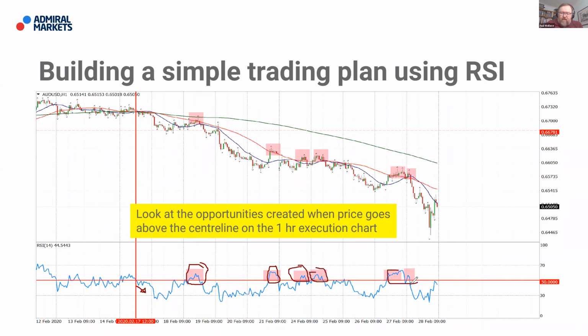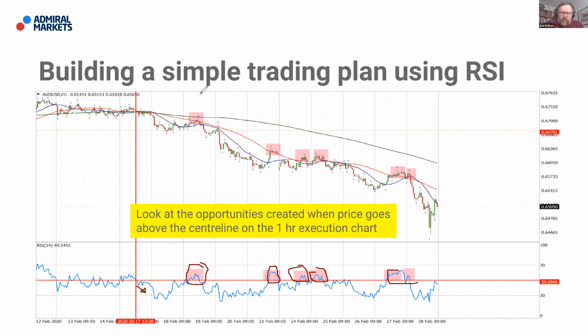Every time that happens, I'm looking to see if there is an opportunity for me to take a short trade. I'm looking for price to be overextended on the lower time frame, the execution time frame, in a pullback that allows me to join what I believe will be the dominant trend. That dominant trend from the 4-hour bias chart is that I want to be bearish.